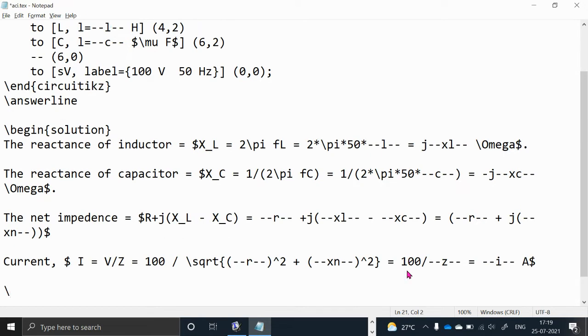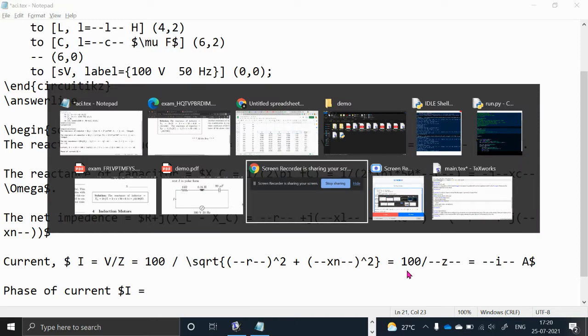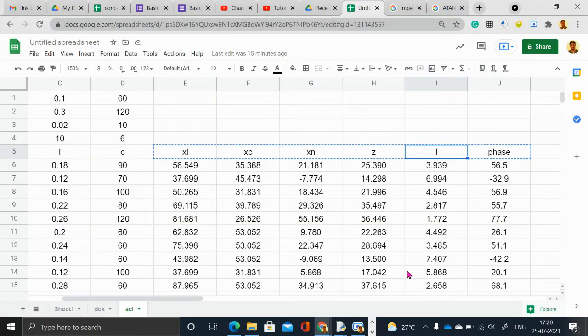Phase of current I equals... how to do tan inverse in LaTeX? Let me search for that.